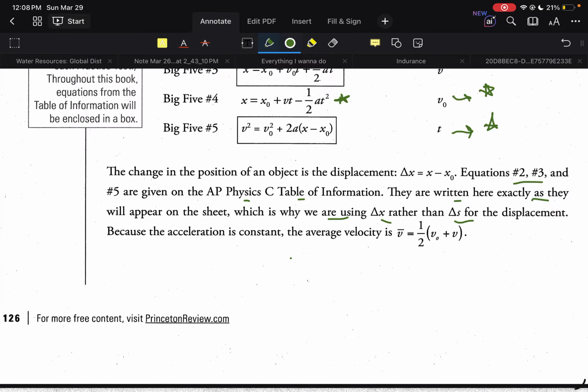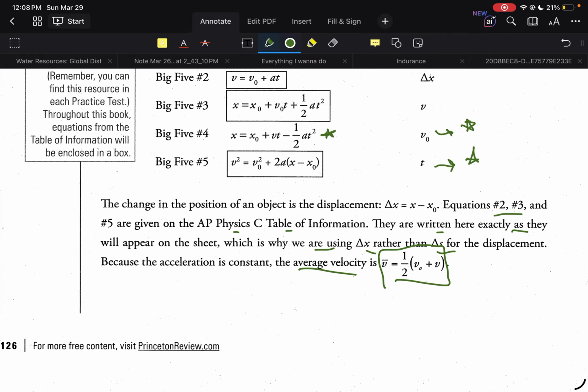Because acceleration is constant, average velocity is this. Does that make sense? We can derive that real quick. Because this is equal to 0, v bar is equal to that. Well, sure, if you say so.